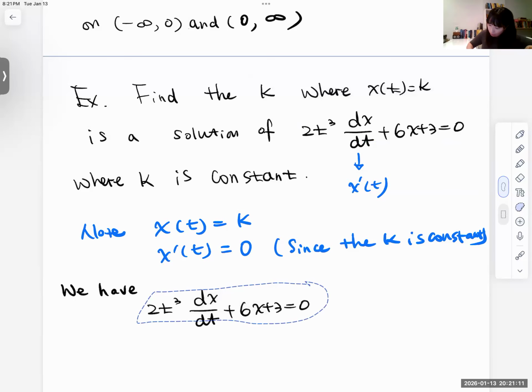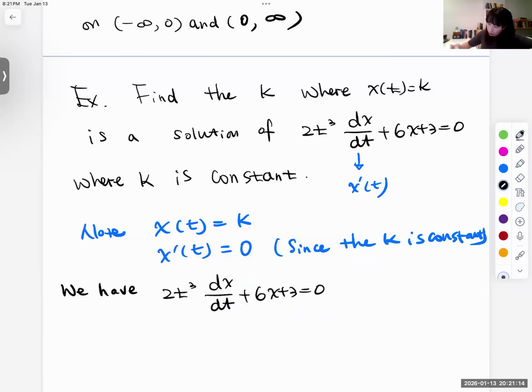So there will be 2t to the third power, and this will be 0, same as x prime of t, right? And plus 6x plus 3, right?